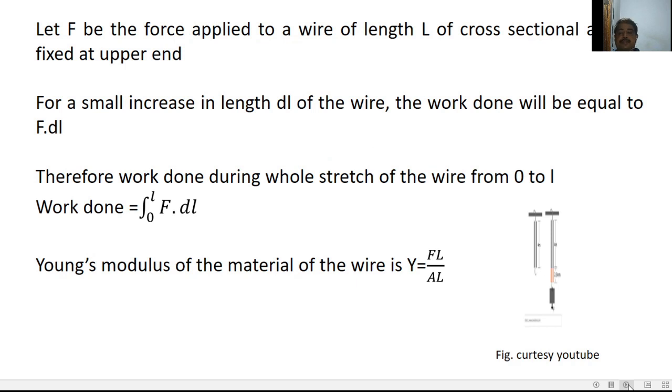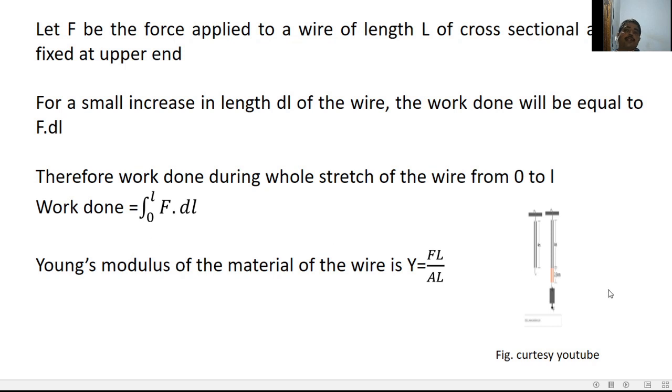Let us consider the work done during the elongation of the wire. Let F be the force applied to a wire of length L of cross-sectional area A fixed at the upper end. For a small increase in length dl of the wire, the work done will be equal to F dl, because work done is equal to force into displacement.